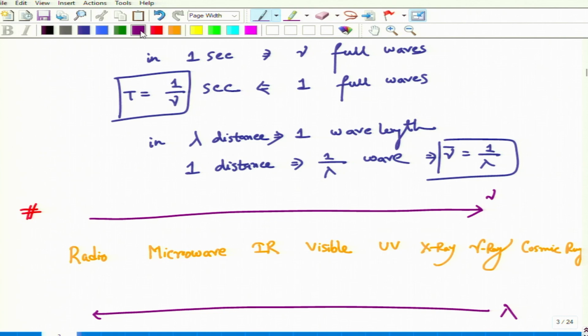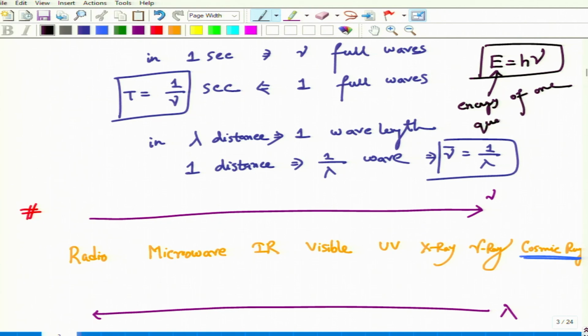So we can readily understand that radio wave has the largest wavelength and the least frequency, whereas the cosmic ray has the highest frequency and the least wavelength. Again we should recall one of the most important relations we studied in the photoelectric effect, which is E equals h nu, for any wave, where E stands for the energy of one quantum, h is the Planck constant, and nu is the frequency.